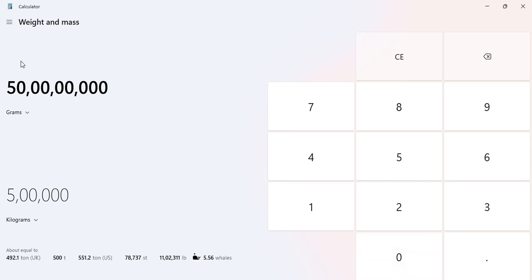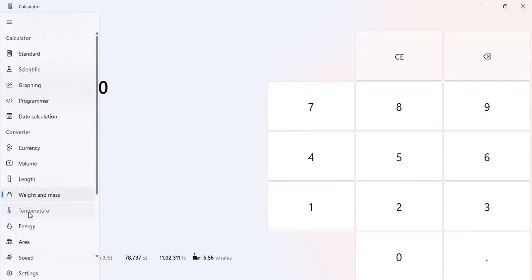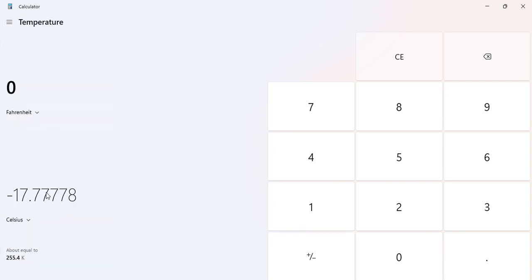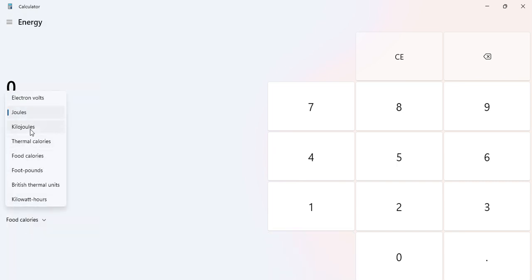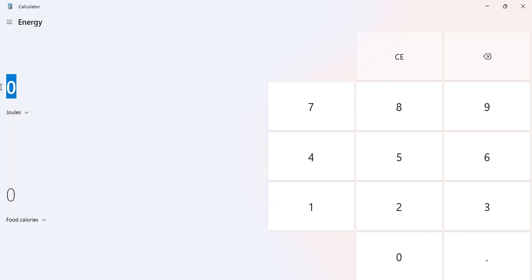So like that we can convert. And here temperature conversion is also there, Fahrenheit to centigrade. Suppose 108 Fahrenheit equals 42.22 degrees Celsius. So this is a temperature converter, and energy conversion is there, joules to kilojoules.